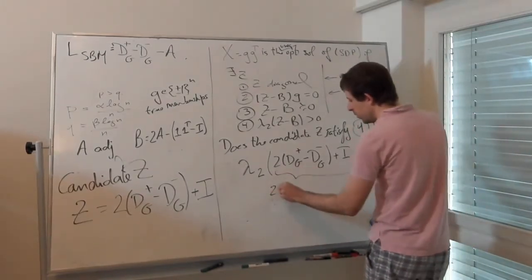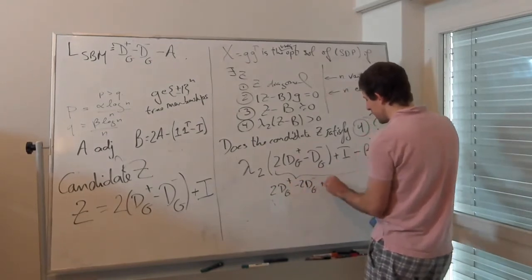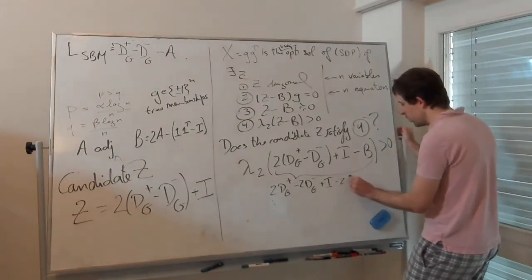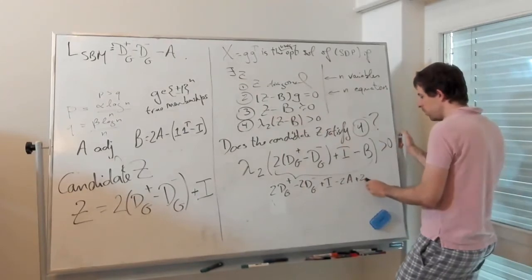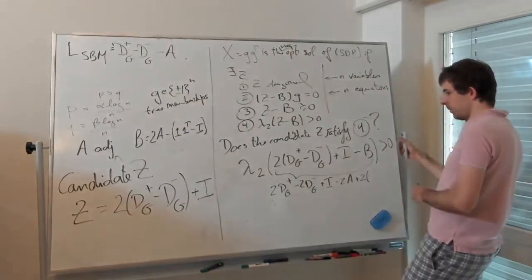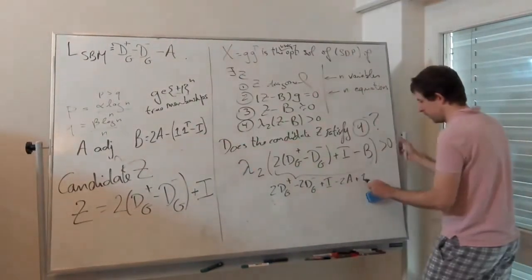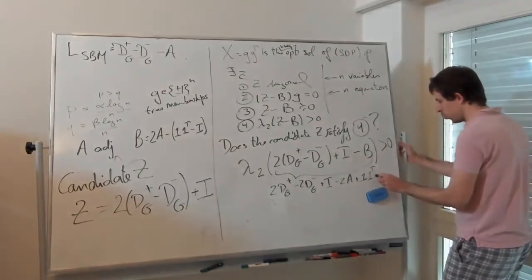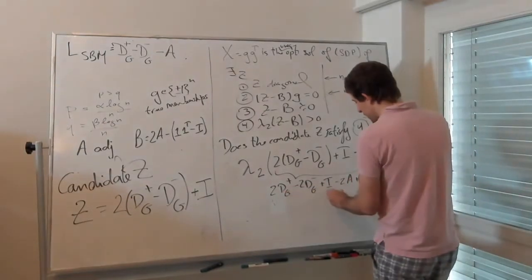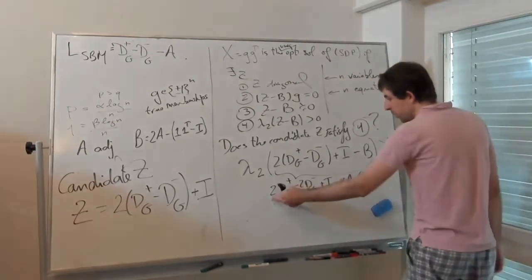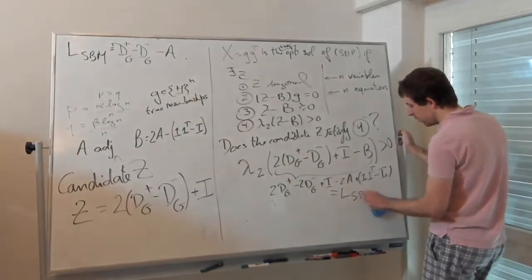We get 2 DG plus minus 2 DG minus plus identity minus, and now 2A plus B, where B was just 1 times the all-ones matrix. So what is this? This is exactly 2 DG plus minus DG minus minus A, so this is just L_SBM, or twice L_SBM.